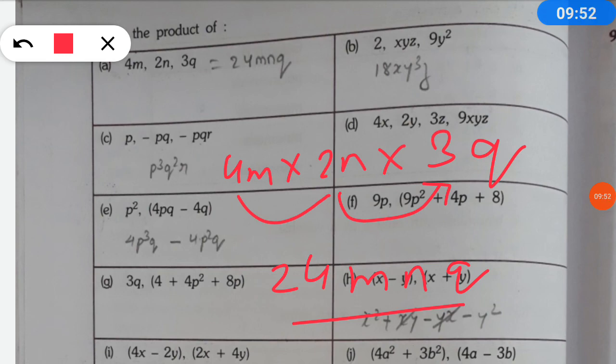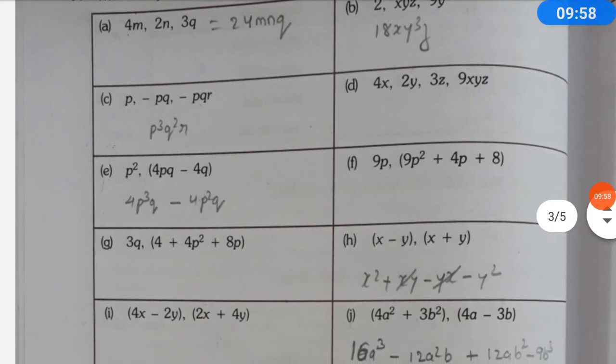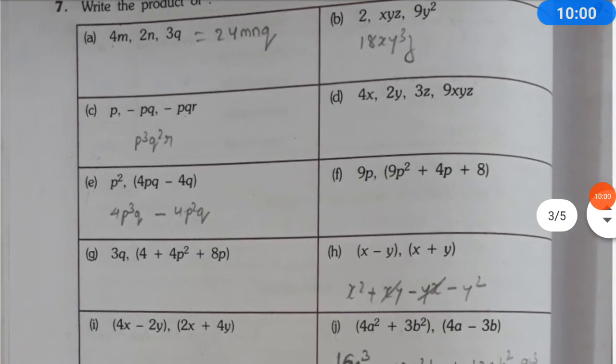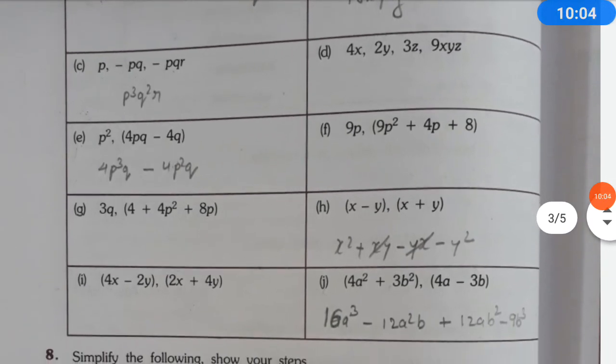Clear? In the same way you have to solve each and every part of this question, as I told you earlier, from the NCERT book. Look from that, understand, and solve each and every part. Multiplication, you just have to multiply and solve.